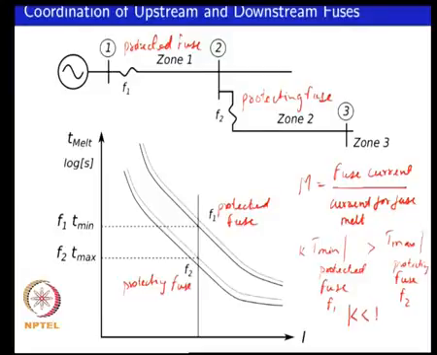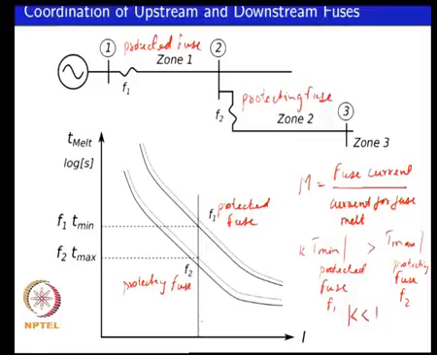So, you want to ensure that with some margin you have sufficient distance between this particular point T max of F2 and T min of F1. Okay. So, I think that gives you a picture about what it takes to actually do coordination between an upstream and a downstream fuse, and here you can see that the curve gives you a picture.